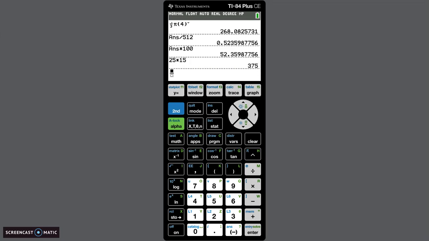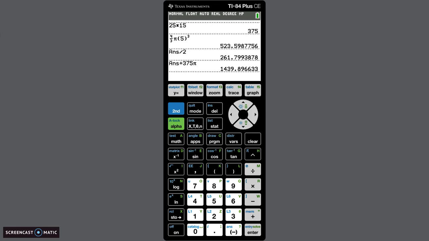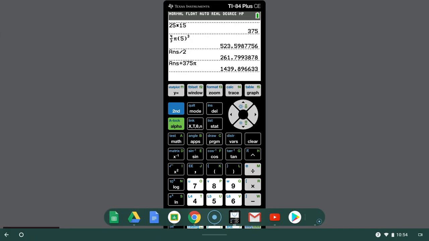So alpha y equals 4/3 pi 5 cubed. That's a sphere divided by 2. Now that's my hemisphere. Now remind yourselves that we have to combine it with the first part, the cylinder. So I'm going to add on the 375 pi. Okay, and when I round to the nearest cubic foot, we're going to get 1,440 feet.